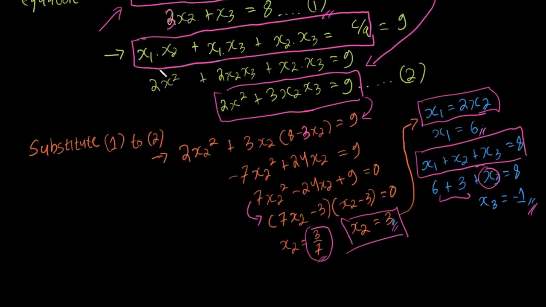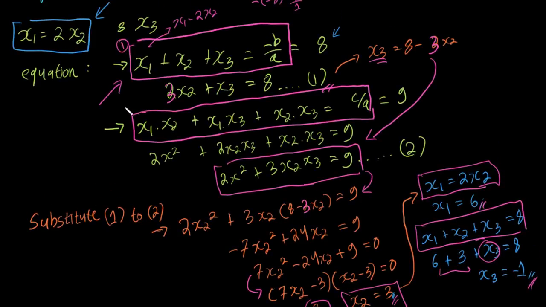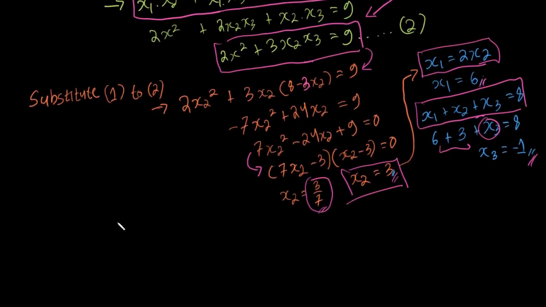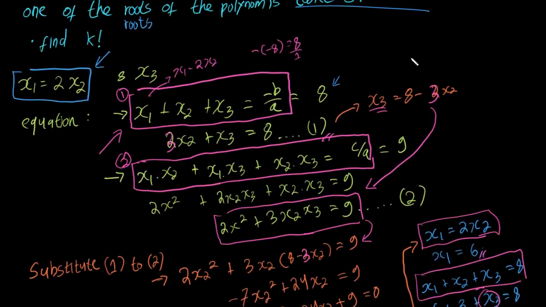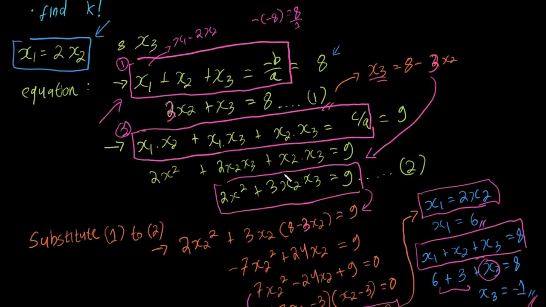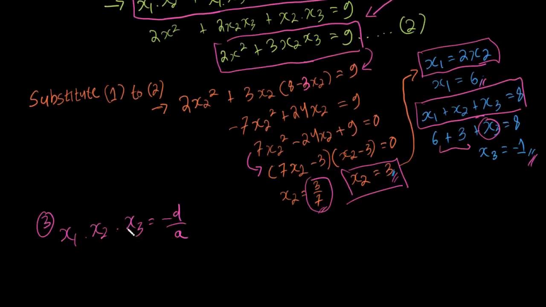There's another thing. You're going to memorize this equation, and this equation, and the last one is root 1 times root 2 times root 3 equals minus d per a. How to memorize it: the first one is the sum of the roots, then the other one is x1 times x2 plus x1 times x3 plus x2 times x3, and then the other one is x1 times x2 times x3.